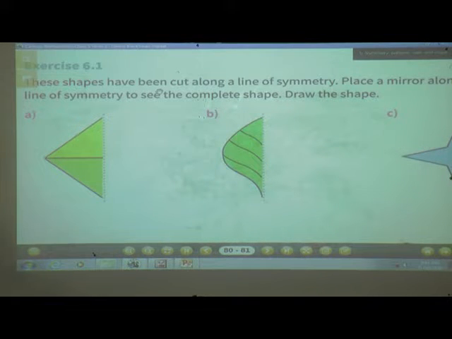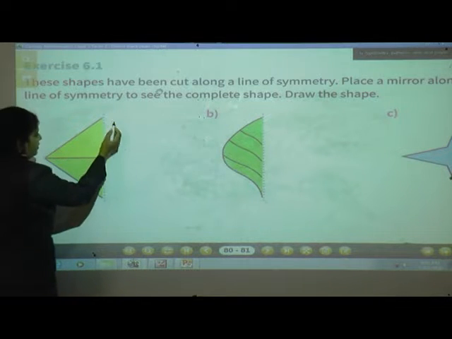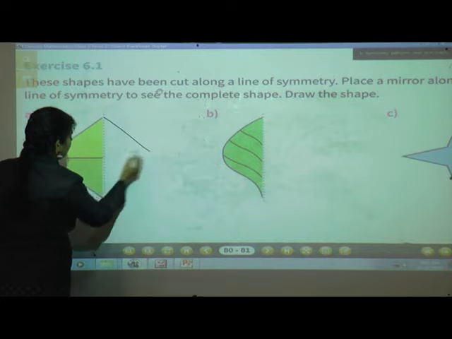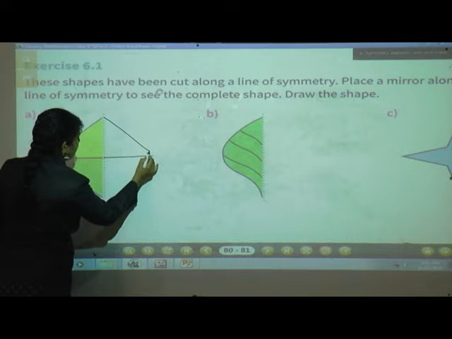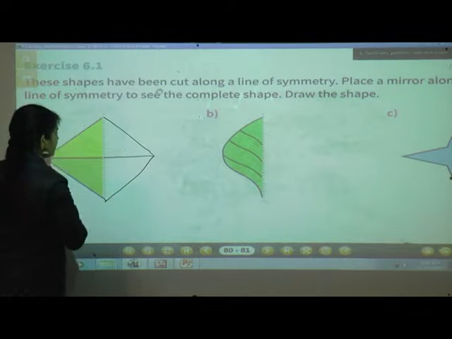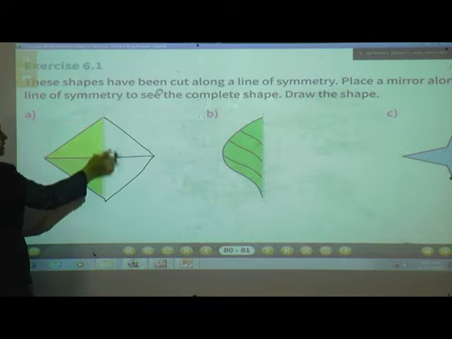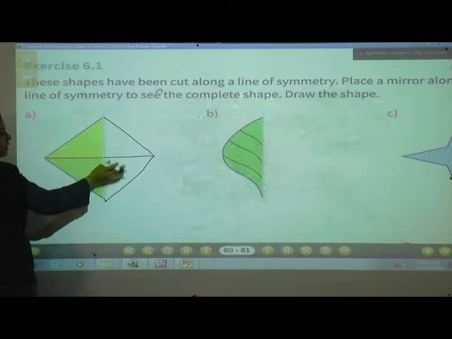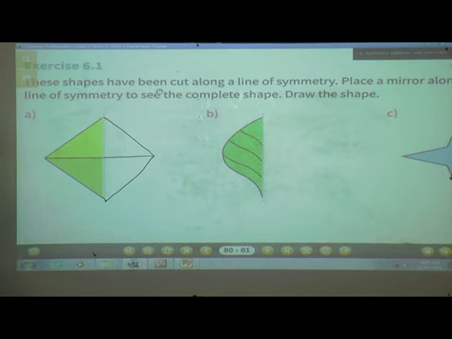Just now I told you, in a symmetrical shape, if a mirror is kept along the line of symmetry, one half is a reflection of the other half. So we can draw like this so that the figure will be complete, and you can color it. Here you can give yellow color and green color as per the figure.